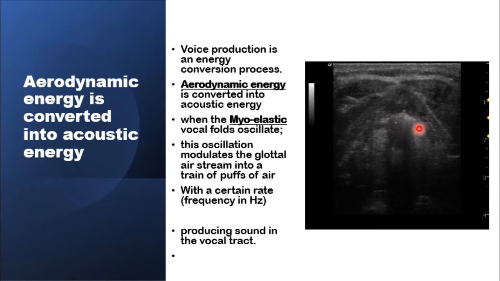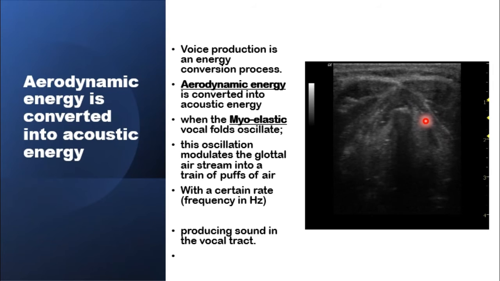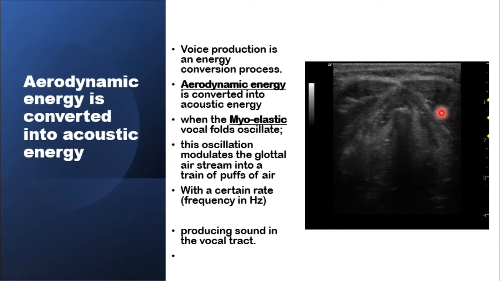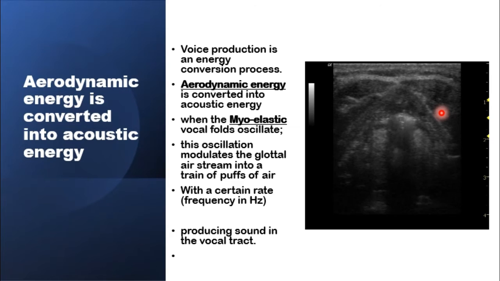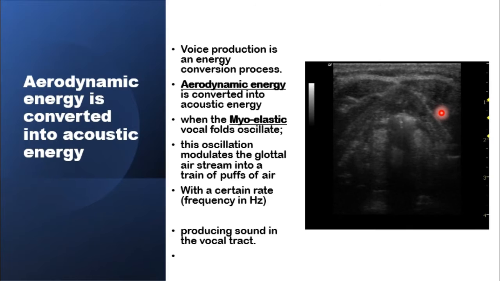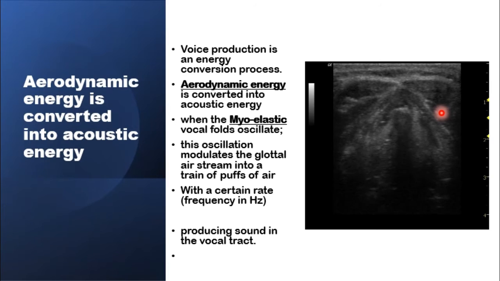This myoelasticity drives the oscillation of the vocal folds, which essentially modulates the continuous air stream into a series, like a train of air puffs, with a certain rate that is the fundamental frequency of the glottic signals. And this is the essential first part in voice production.